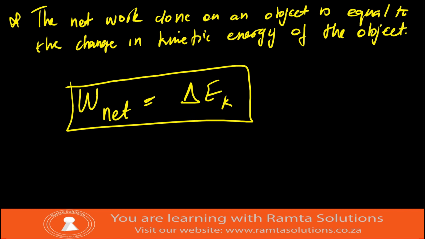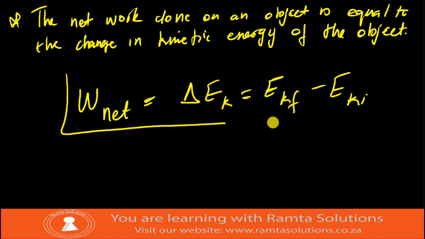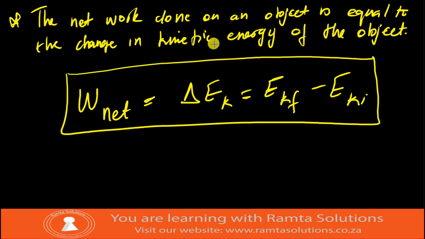This is EK final minus EK initial. This is your work energy theorem. So now you have ways of calculating your net work.